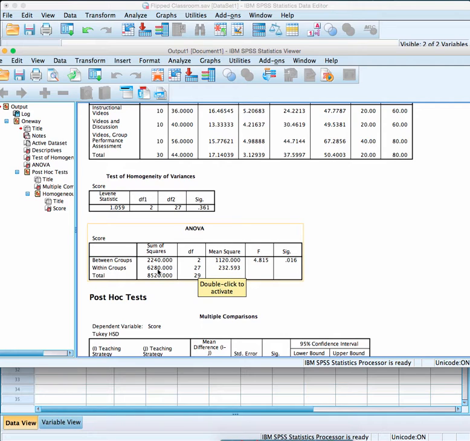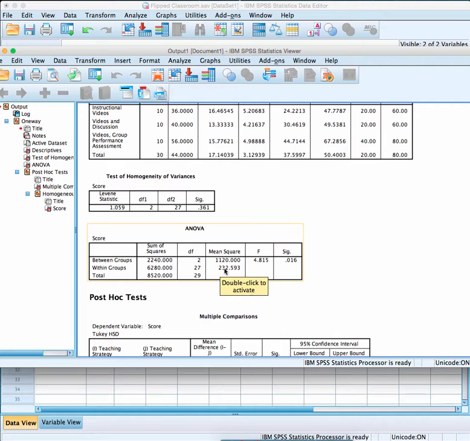So 27 into 6,280 is 232.593. Now to get our F ratio, what this is really doing is comparing our sampling error or our random error to our variability due to group differences. And you can see that the variability due to random sampling error is much smaller than the between group variability.